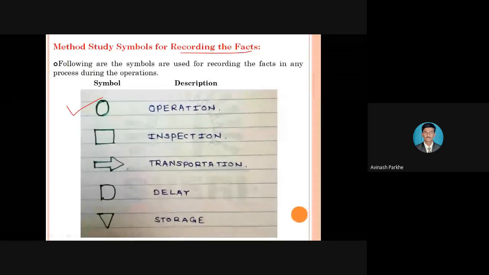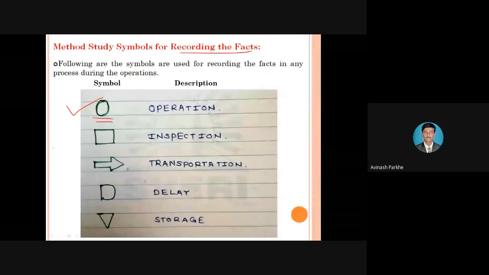If I have to show the drilling operation, it can be represented by this circle. Any one operation, maybe drilling, piercing, chamfering, threading, boring, or any other operation, can be represented by this symbol, the circle.